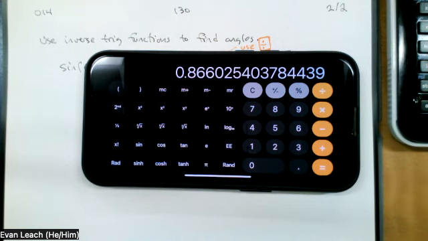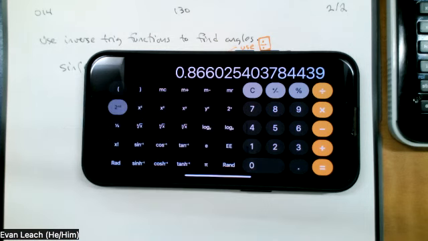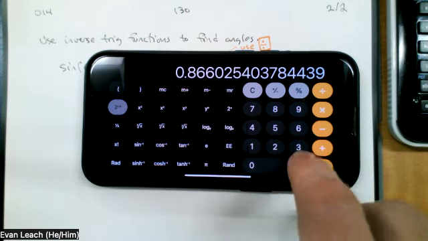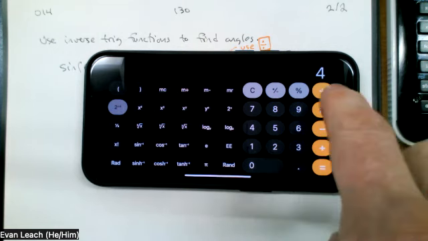One thing to note is that the buttons on your iPhone calculator are sticky buttons. So if I hit second, it switches all these functions and they stay that way, even if I do some other stuff. Oh, what's the sine inverse of 0.6? It's 36.86.